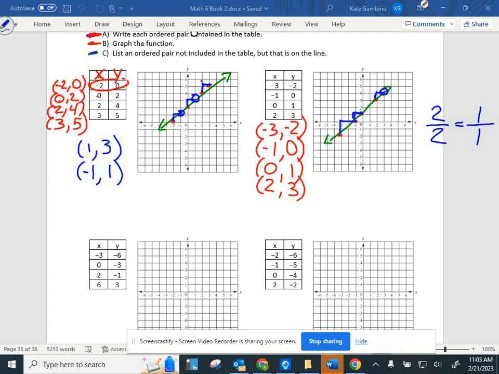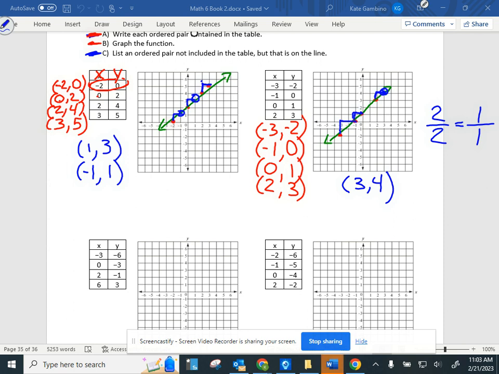If I went up 1 over 1, what is my ordered pair, Nora? 3, 4. Because if I go to right here, I'm going over 3 and up 4. So this is my ordered pair that's not already listed, but it's on that line.